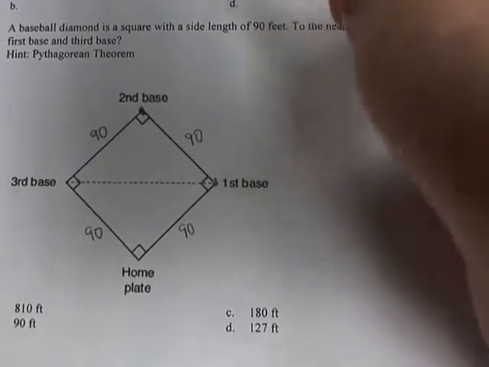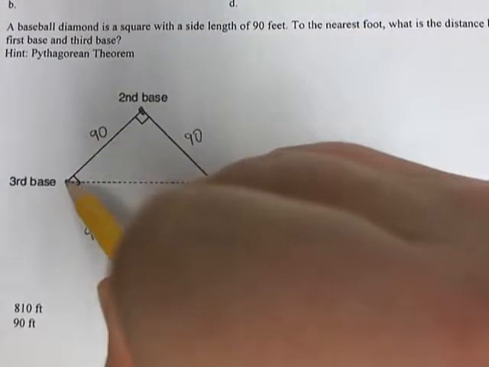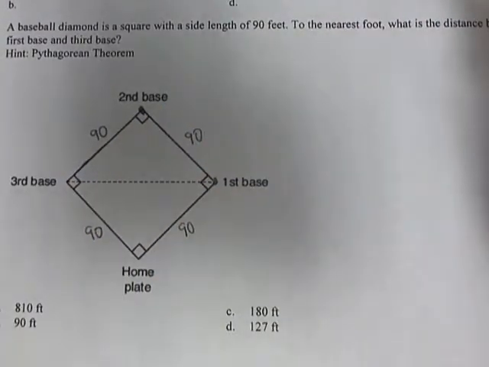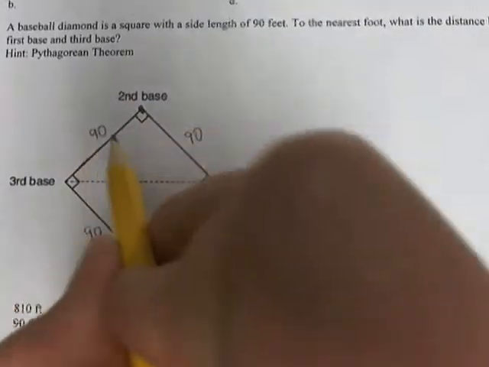Well, you can see that there is a side length of 90 feet between first base and third base.